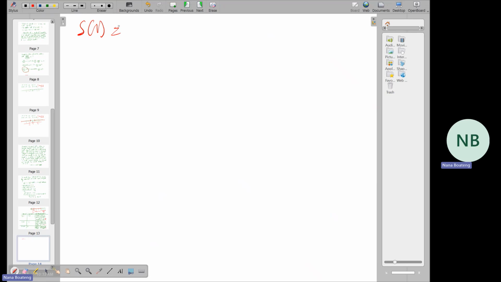S of 1 will be equal to minus 16 plus 80 minus 64. So this should be equal to 0.